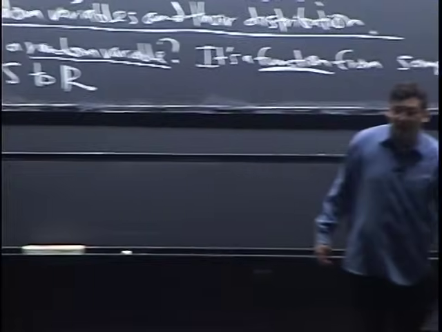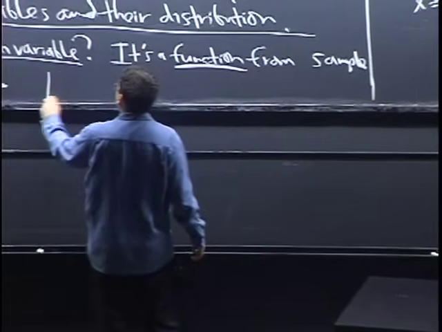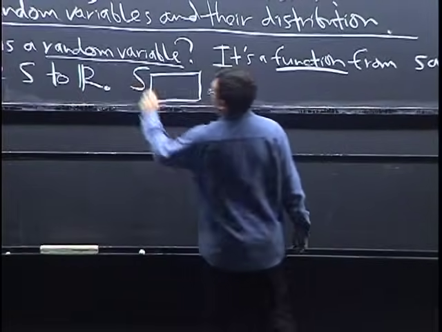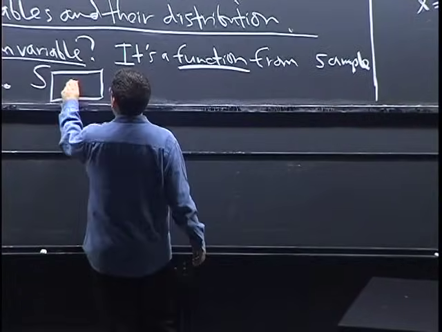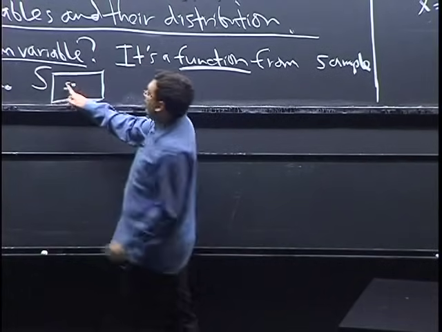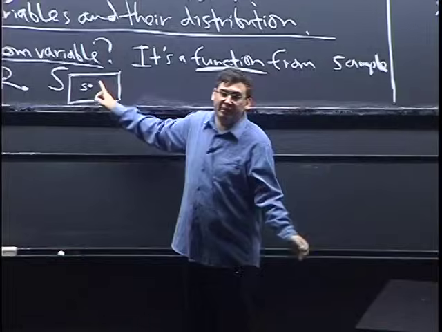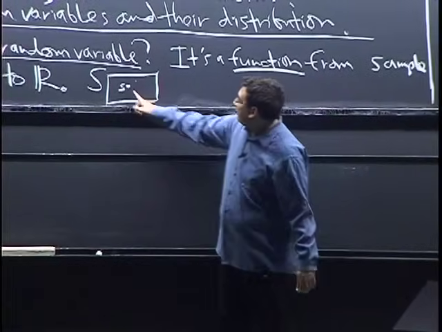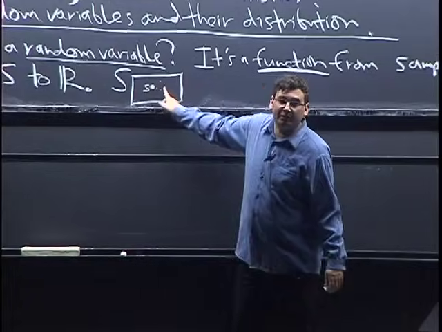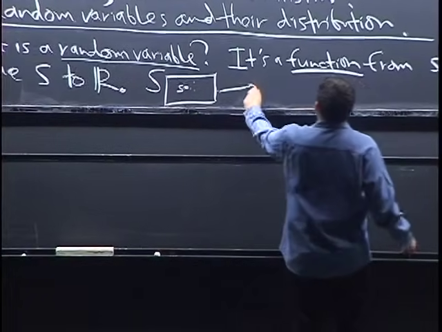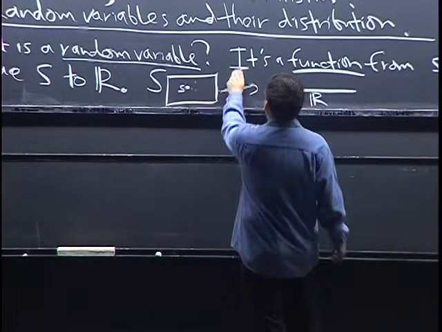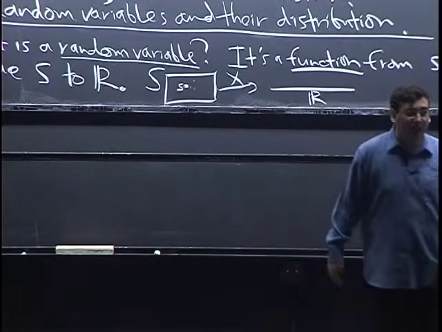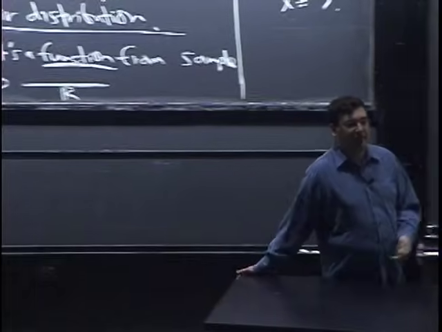So as input, we have this sample space, and we've been drawing these Venn diagrams. The input is some possible outcome. Little s is one specific outcome of an experiment that has different possible outcomes, okay? And that gets mapped to, here's the real line, and often we'll call our random variables x, but there's no rule that says we have to do that.